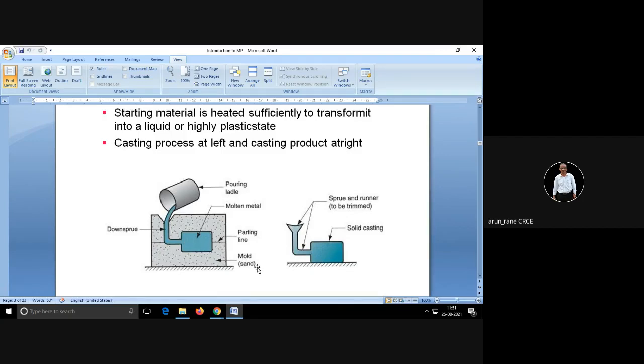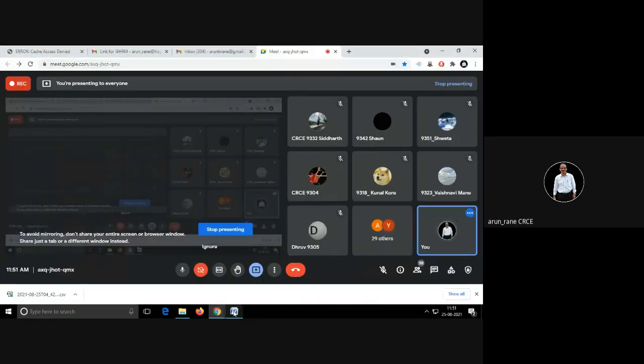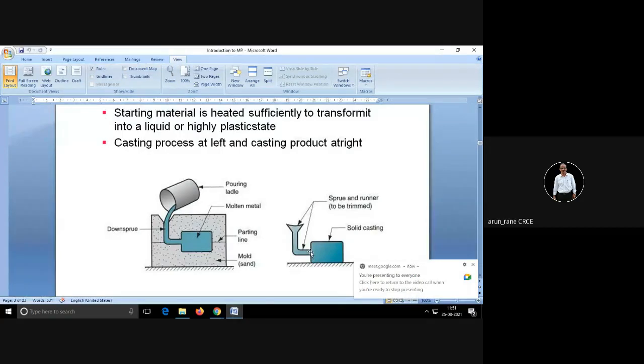Just like the gate of our house, the door from where we enter. Similarly, here we have a small gate which is not shown in this drawing. So sprue, runner and gate are the unwanted portions which you need to trim after the solidification.